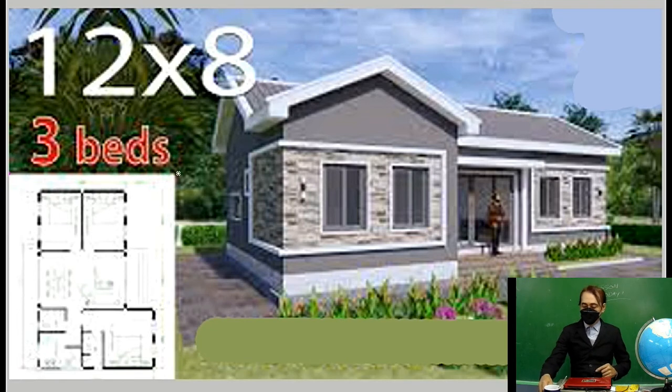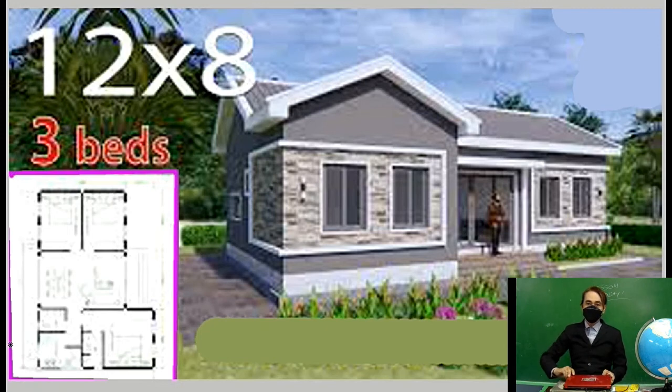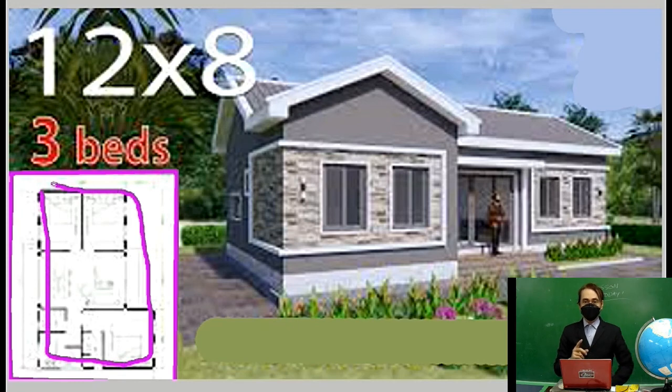First thing is to make a plan of your one-story residential house. So your project must be a one-story residential house only, as shown in this picture. And put the floor plan right here on the left bottom corner.